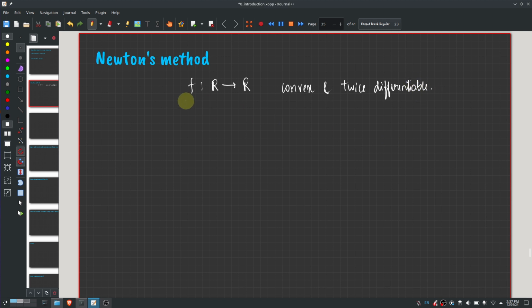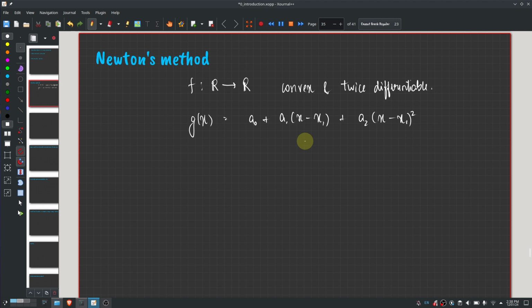Now we'll try to approximate this function by a quadratic function. If you're given a quadratic function, let's say g of x equal to a0 plus a1 times (x minus x1) plus a2 times (x minus x1) the whole square.